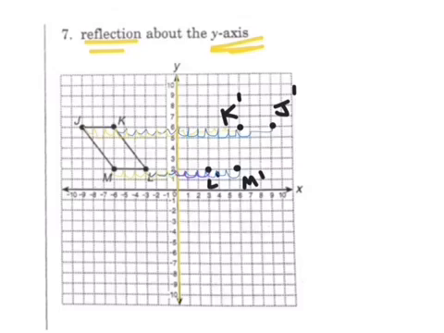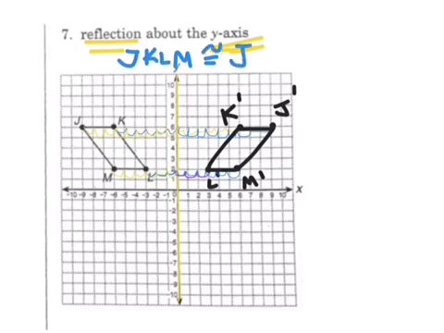Then connect and write your congruency statement. You can see we flipped here, so then our congruency statement, J, K, L, and M is the same size and the same shape as J, K, L, M, the primes.